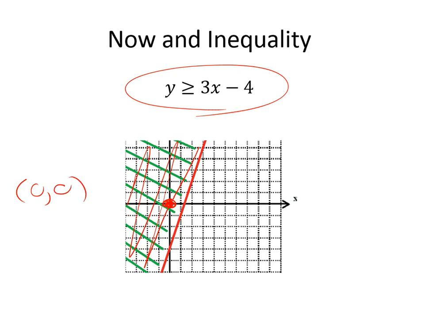If I plug in a 0 for the x, I get 0 minus 4, which is -4. Now, the y value was 0. Is 0 greater than or equal to -4? Yes, it is. So as you see, it makes sense. Instead of just finding numbers on a number line, we're finding a space on a coordinate plane where all these points agree with this statement.